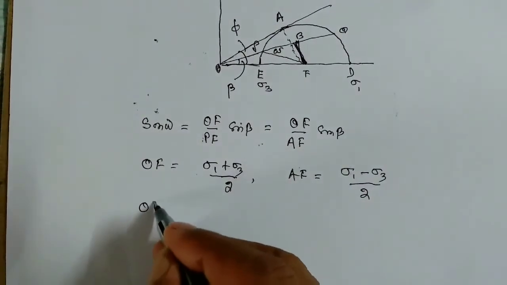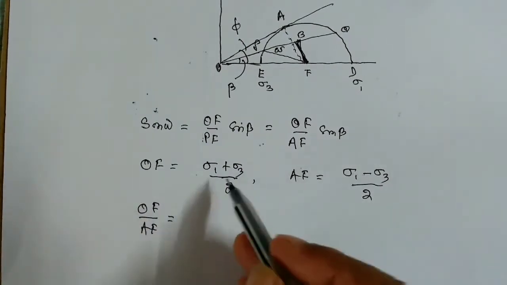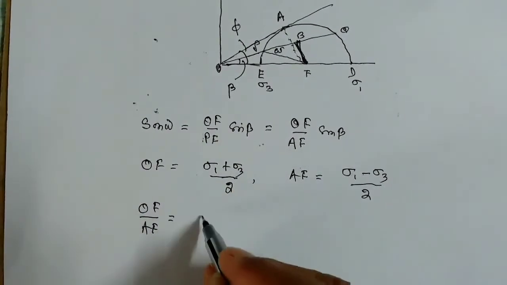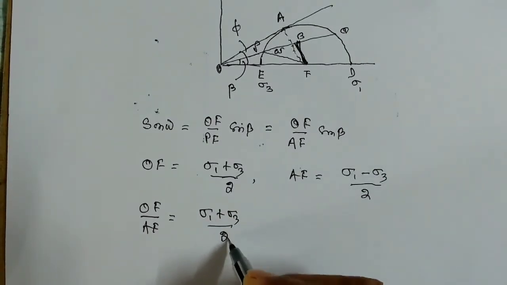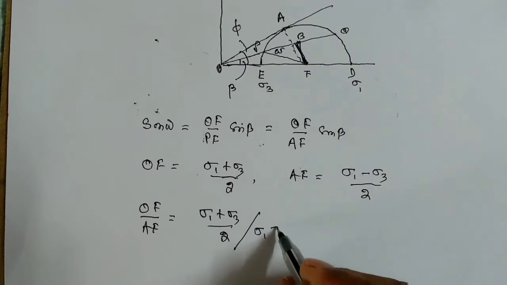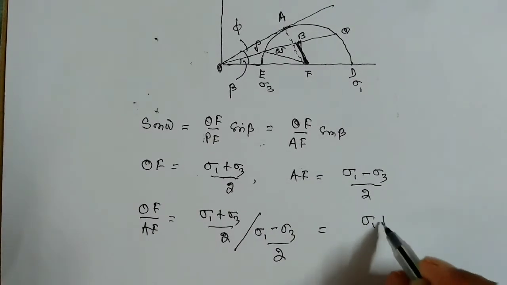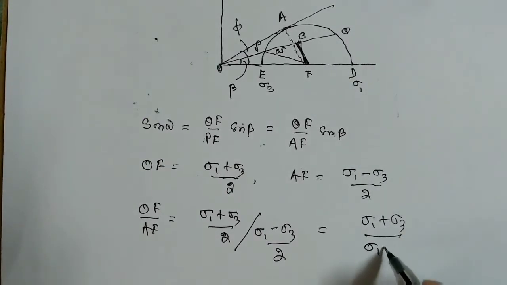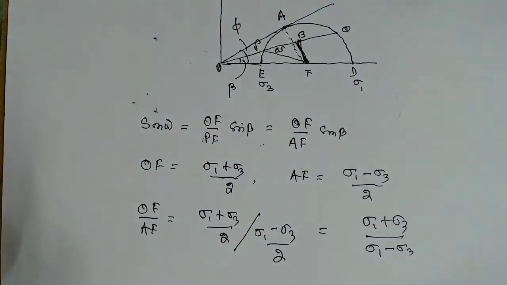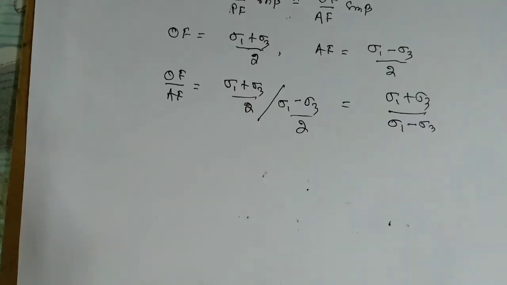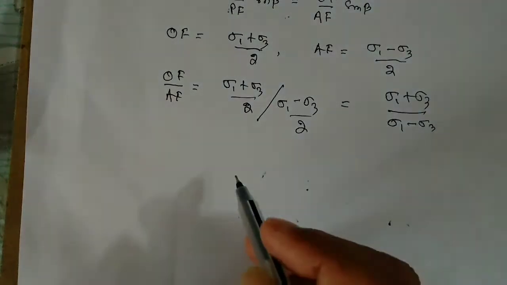So OF by AF will be (sigma 1 plus sigma 3) by 2 divided by (sigma 1 minus sigma 3) by 2, which becomes (sigma 1 plus sigma 3) by (sigma 1 minus sigma 3).